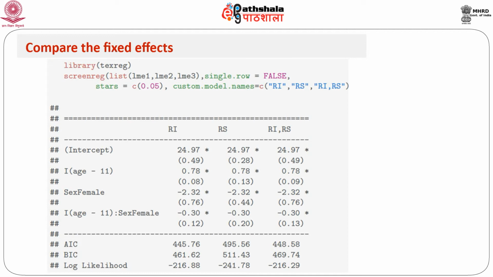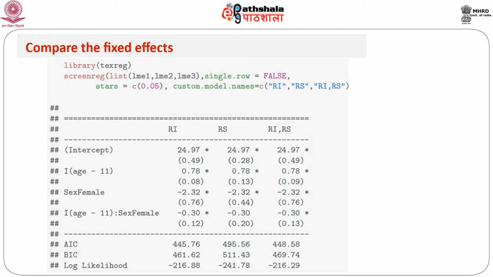One way of seeing which model is good is by comparing the AIC criteria. The AIC criteria is telling us 445.76. Now the idea is that the lower the AIC, the better the model, and AIC and BIC and log likelihood, all of them are telling that the first model, the random intercept model, has the lowest AIC.